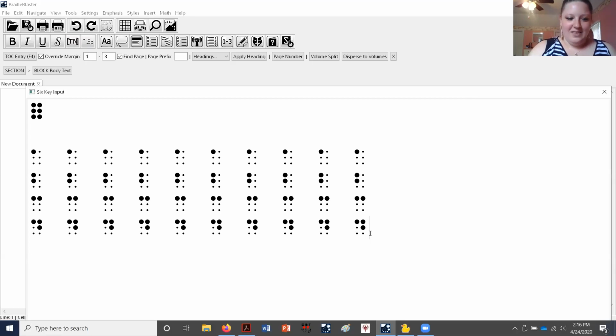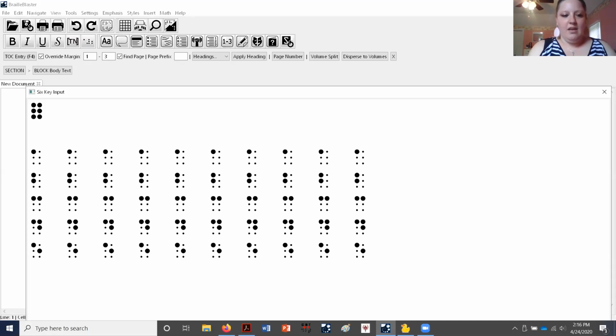All right, moving on to the letter E. I'll show you my picture. It is going to be dots 1, 5. So that will be letter F and letter K together. Let's do that 10 times each: 1, 2, 3, 4, 5, 6, 7, 8, 9, 10.